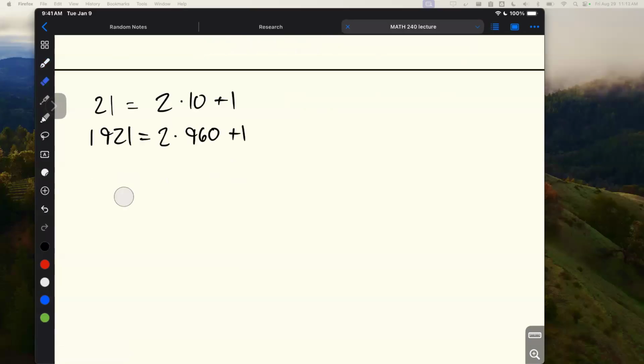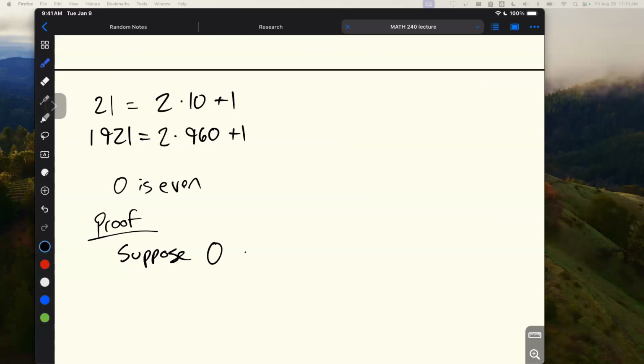So I think the easiest way to prove something like this is to assume that it's not true. We saw this a lot in the properties last time. So let's say, suppose 0 is odd.